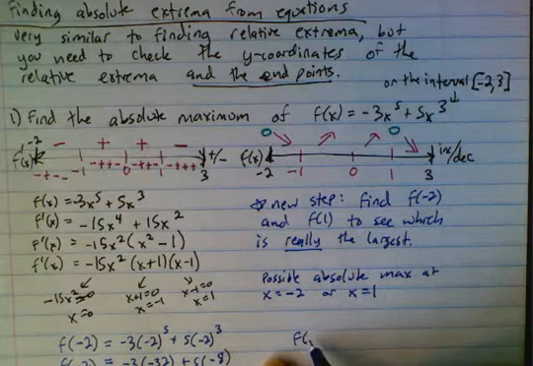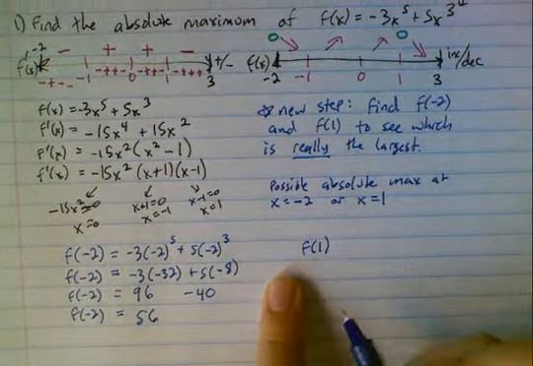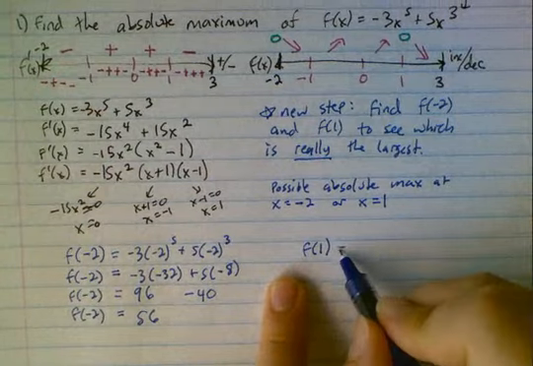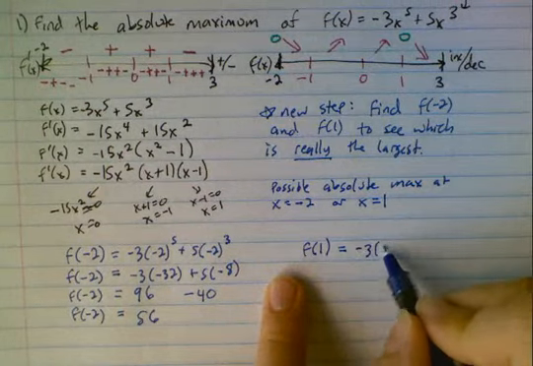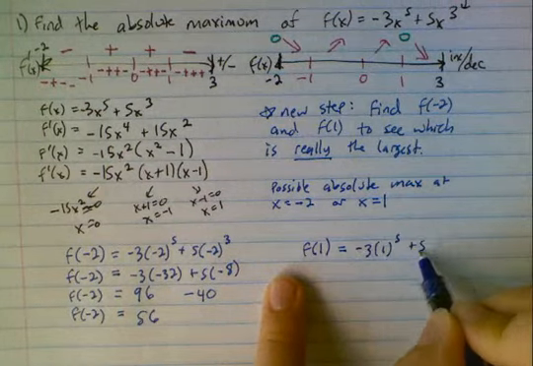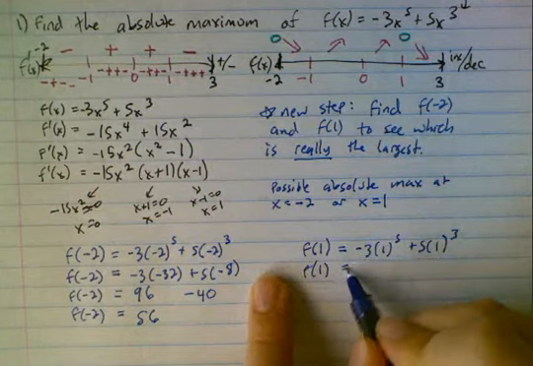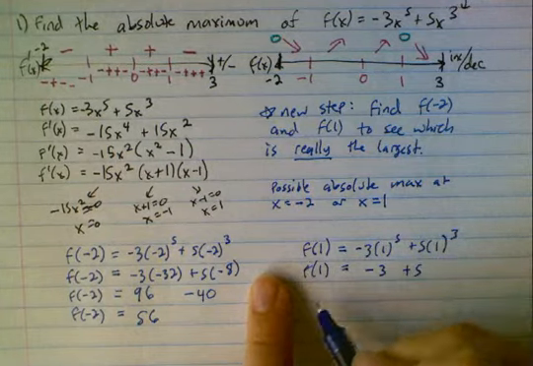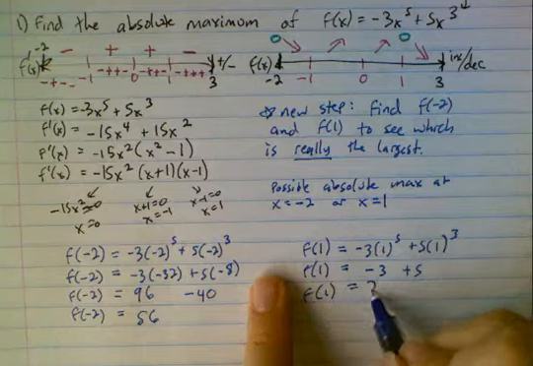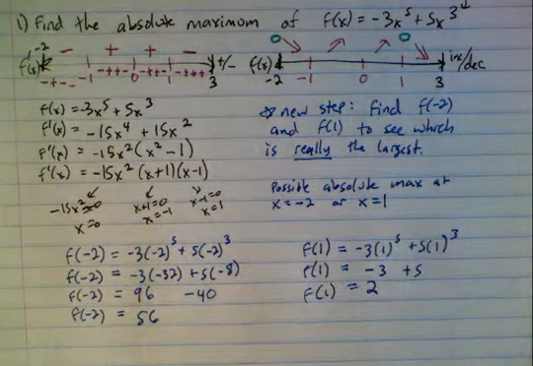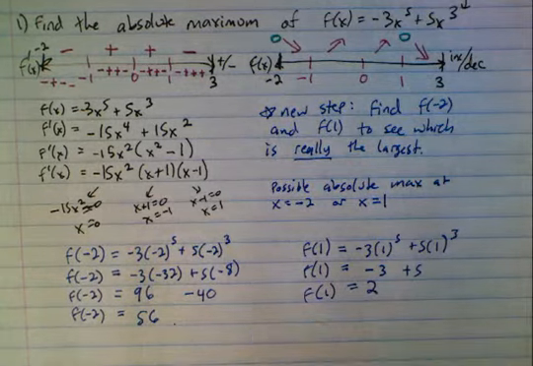Compared to f of 1, which is -3 times 1 to the 5th plus 5 times 1 cubed. So clearly this is larger.